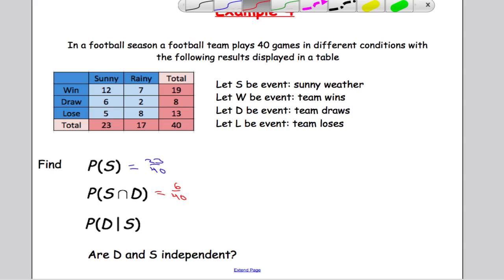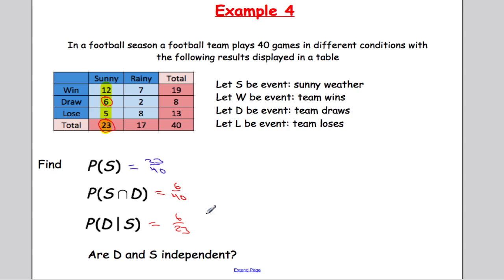This is a good chance to use our shrunken sample space method. Given that it's sunny, what's the probability that they draw? Well, that means we have 6 out of 23 opportunities. There were 23 sunny games and 6 times they drew. So the probability that they draw given it's sunny is 6 over 23.